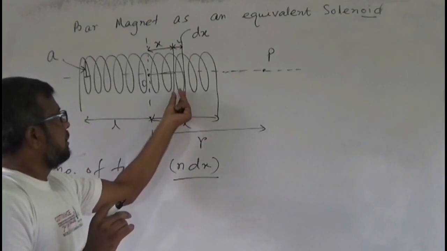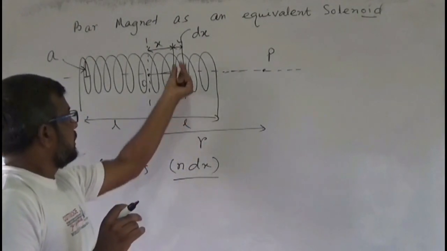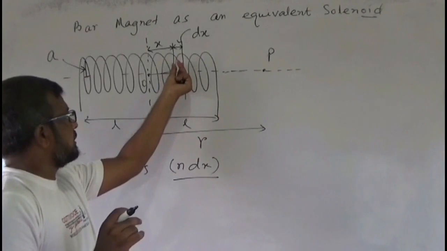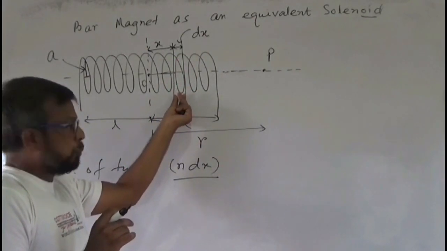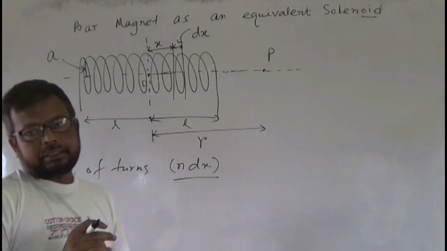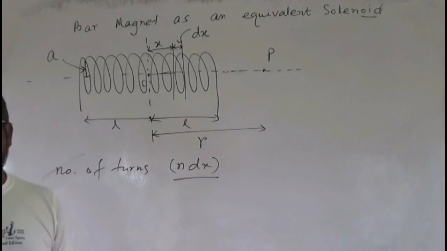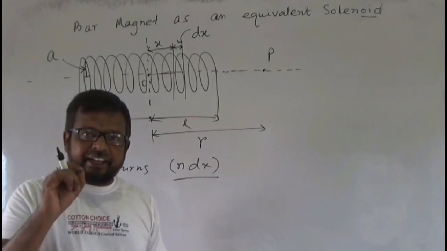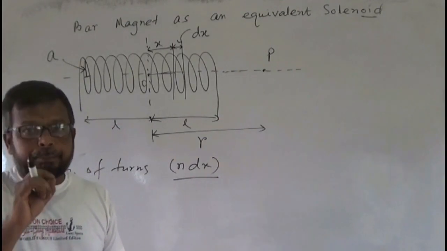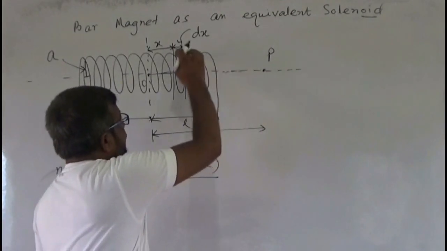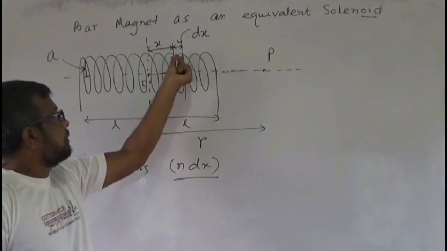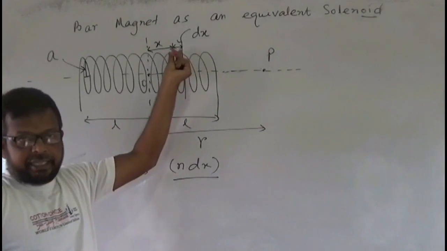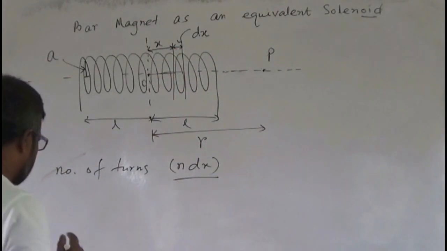The length of the solenoid element we have taken is dx, therefore the number of turns in this elementary circular loop is n dx, right? Now the magnetic field at the point P due to this circular element of thickness dx is what?